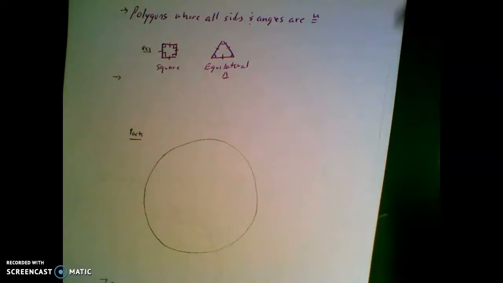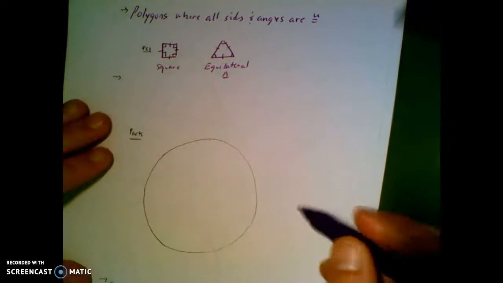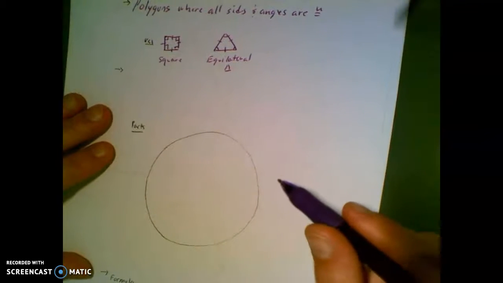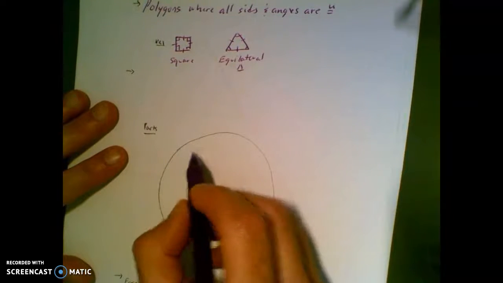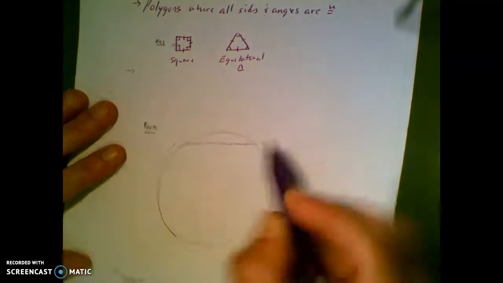So next we're going to look at different parts of regular polygons, and kind of use a circle to describe those parts. Any regular polygon can have a circle go through its vertices. So I'll stay with the square example. Something like this.